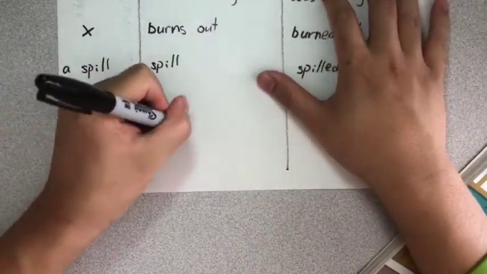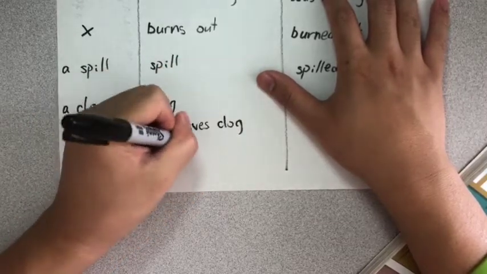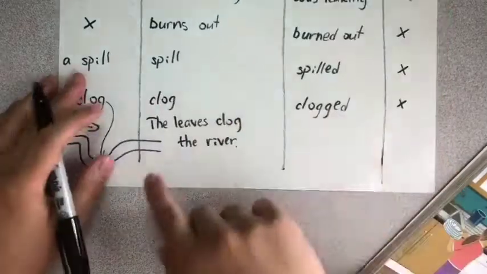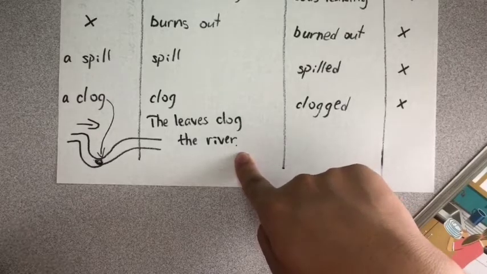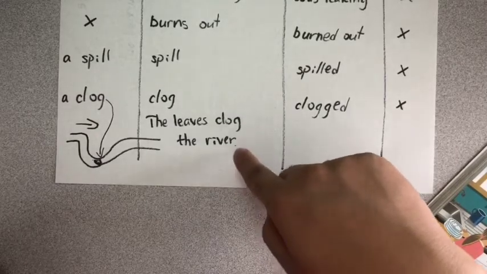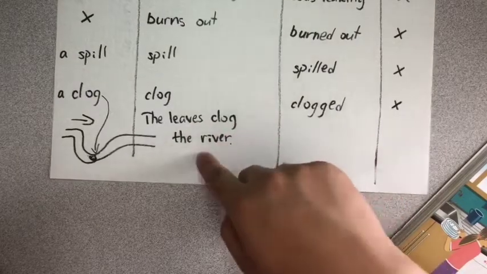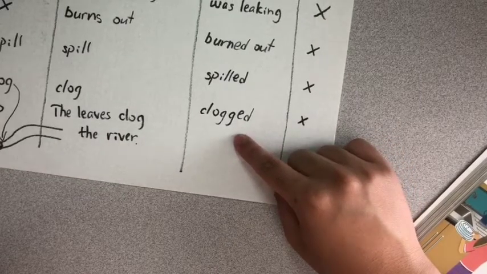So we can say, the leaves clog the river. So in the fall, there's a lot of leaves. And sometimes they can stop the water from moving in the river. The leaves clog the river. The past tense of the word clog is clogged.